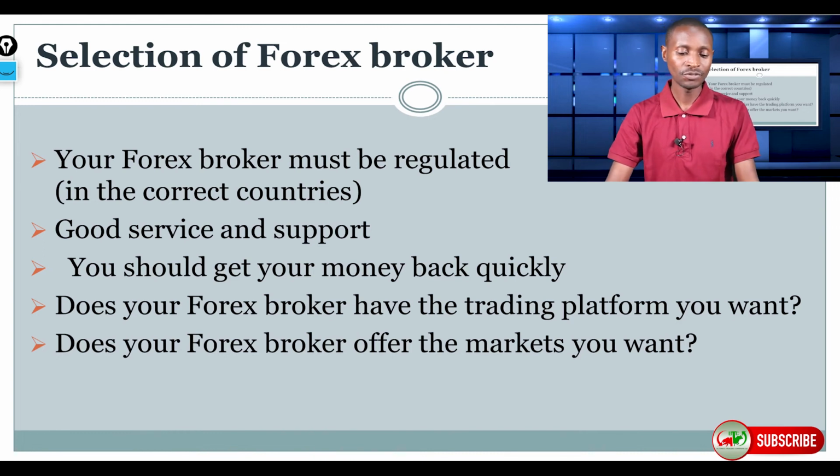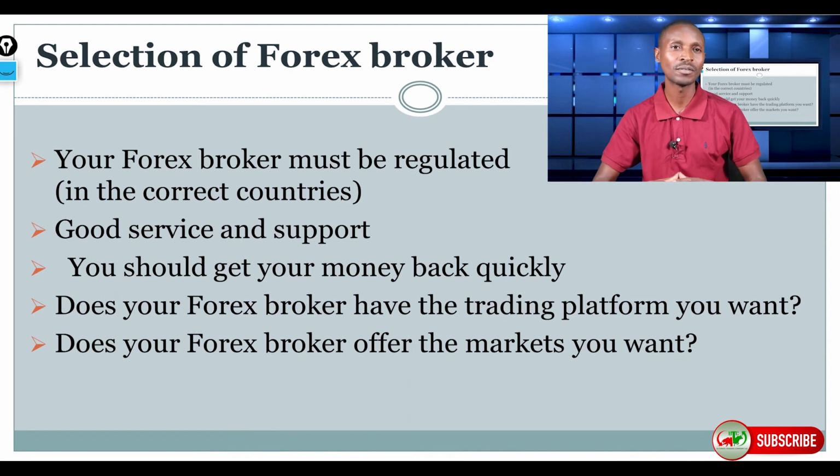You have to check whether your forex broker will have the market you want. Different brokers provide services for different markets. There are brokers which provide only cryptocurrency, brokers which provide only stock markets, and brokers which provide only commodities.